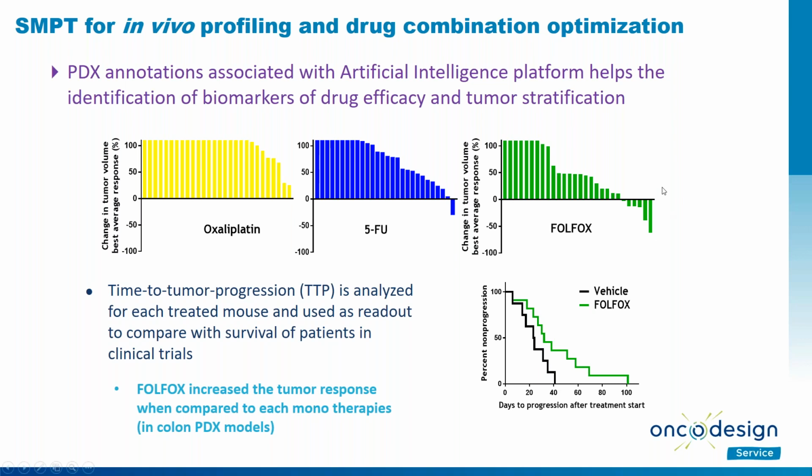Also, based on all the genomic data that we acquire on our PDX models, we can use artificial intelligence and data mining to try to define gene signatures of the tumors that should be the most responsive to the treatment, and to better design and select the patients that could enter into further clinical trials.